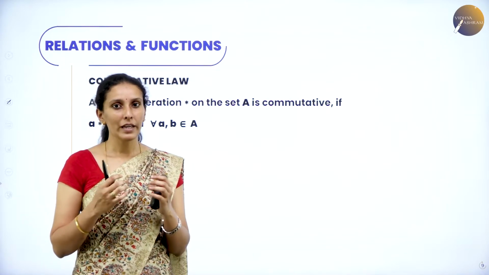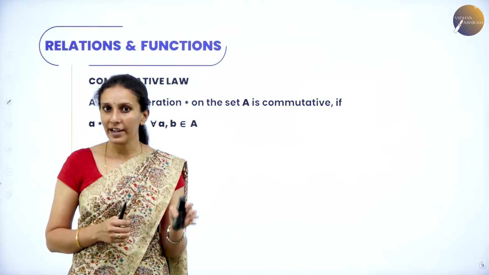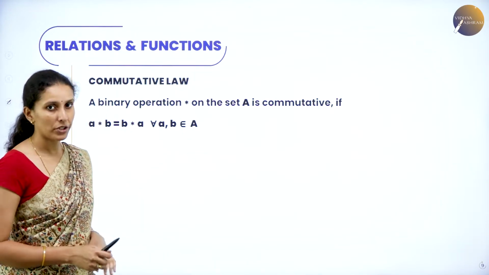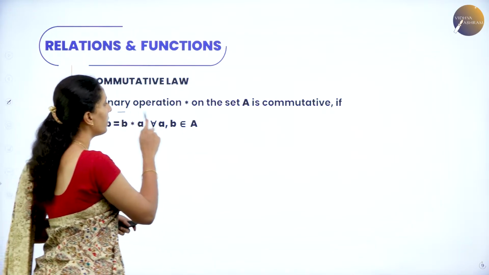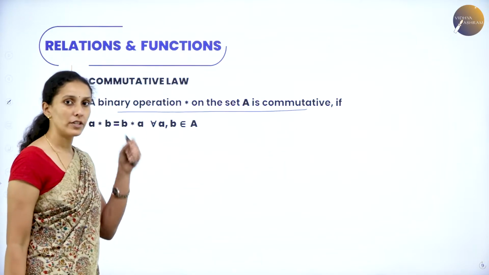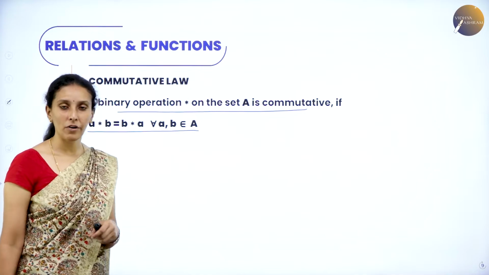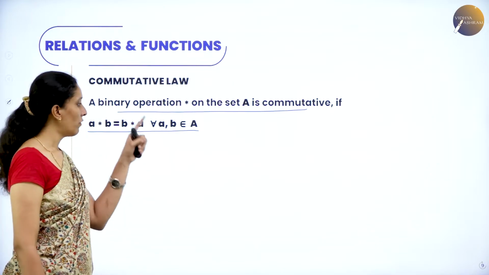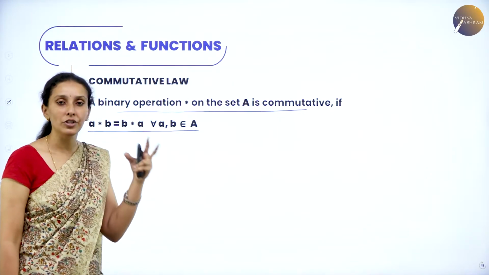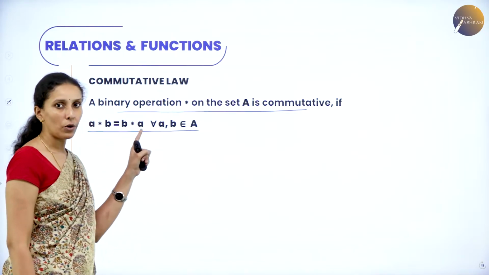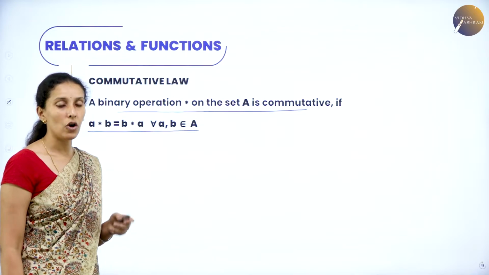So this is how we can define a binary operation on addition and multiplication. Similarly, for any binary operation, we say it is commutative, that is, a binary operation is commutative if a star b is equal to b star a for all a, b belongs to A. For any operation, however the function is defined, if it satisfies a star b is equal to b star a, we say it is commutative.